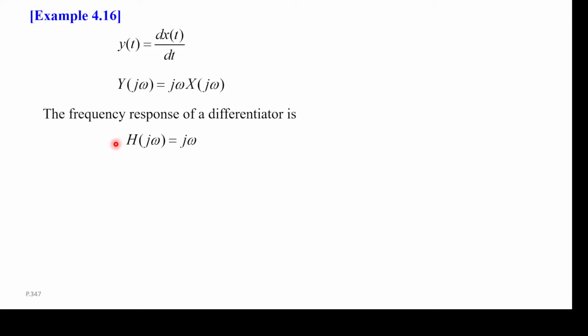Okay. And this is a bit singular, because if you think about what the small h is, you cannot quite write it because this is not absolutely integrable, but anyway, we know the big H equals this j omega for this differential function.